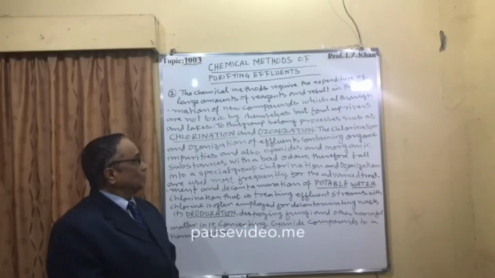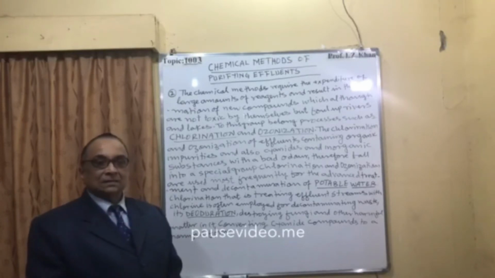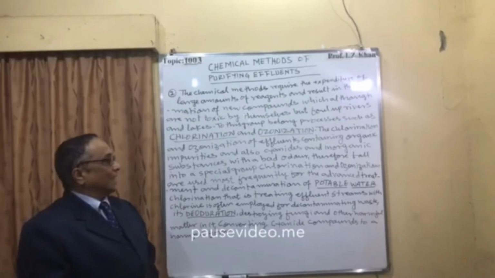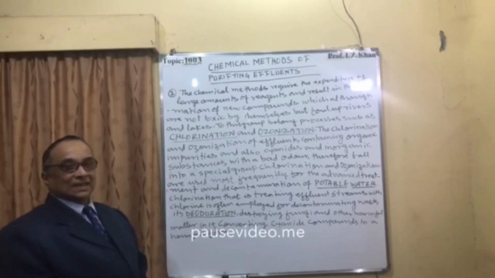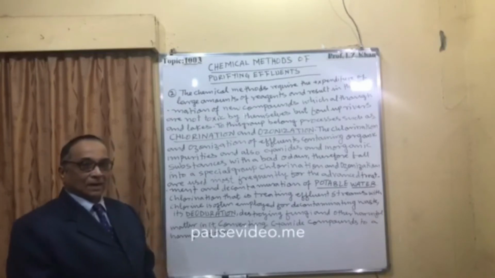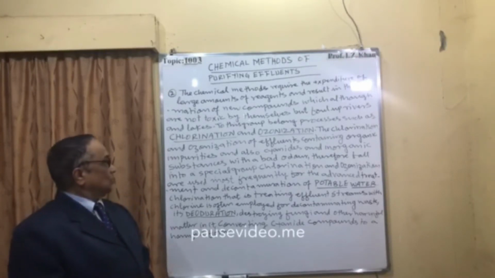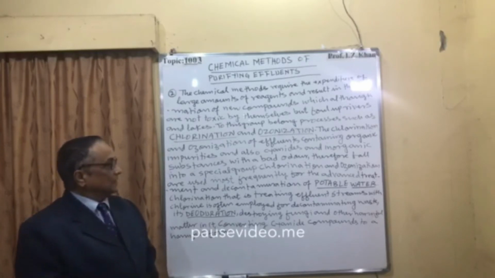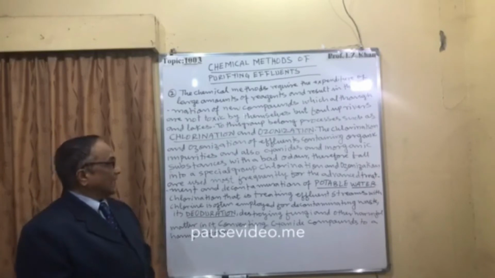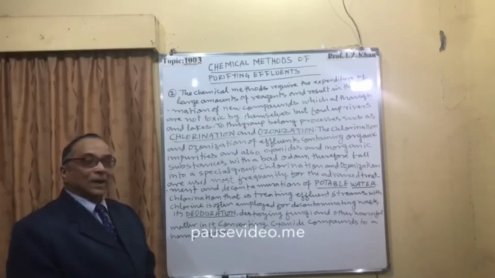To this group belong processes such as chlorination and ozonization. So chlorination and ozonization fall in this group of chemical methods, applied to effluents containing organic impurities and also cyanides and inorganic substances with a bad odor.